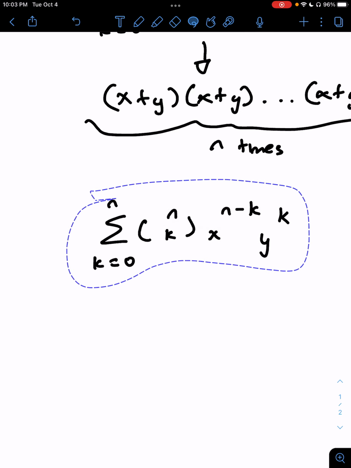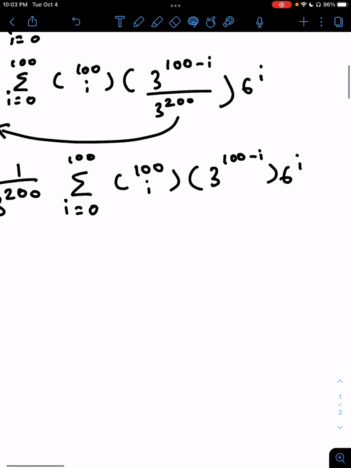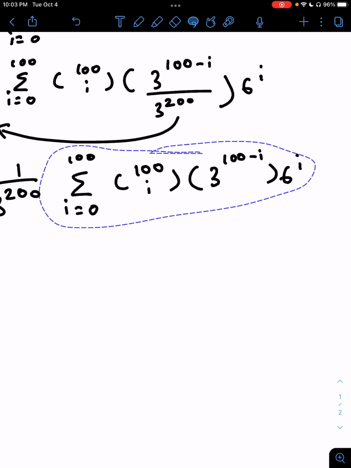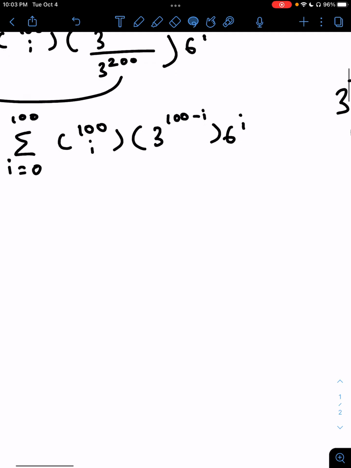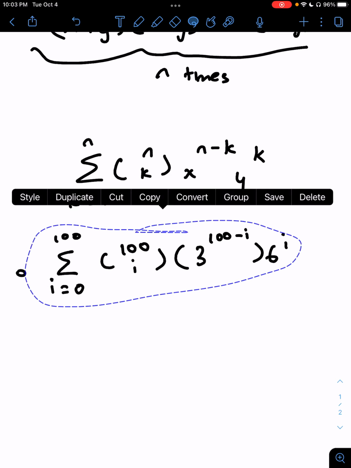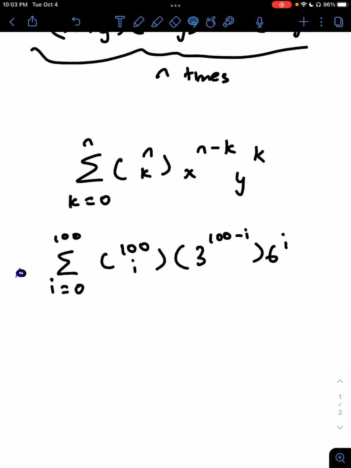So I have this, right? So if you compare that, then you're going to see this n is this top thing here.